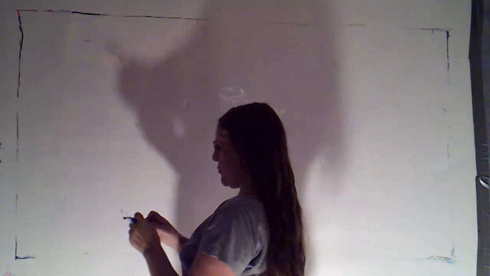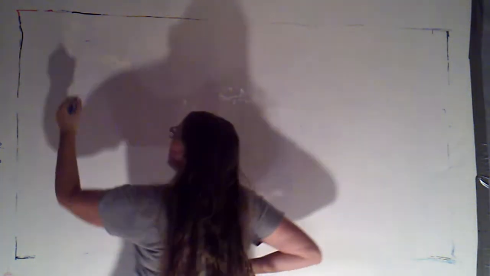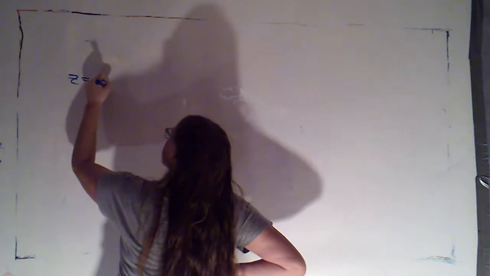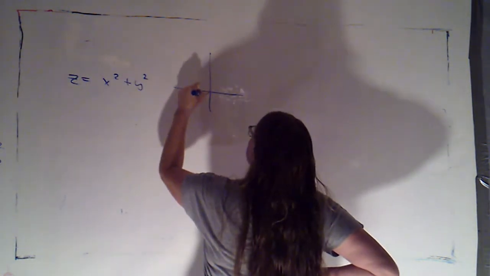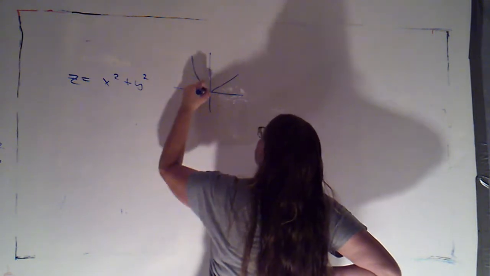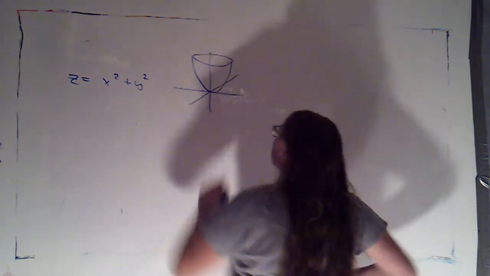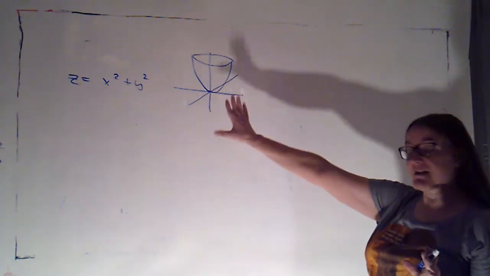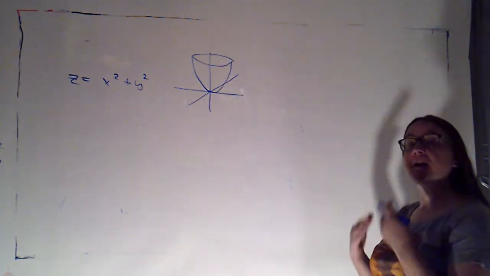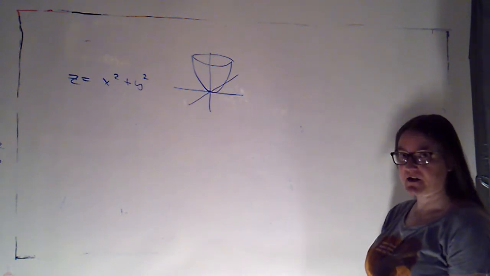So let's say I'm working with z equals x squared plus y squared, just my paraboloid here. Now, because that's z as a function of x and y, I could just calculate the local linear approximation.